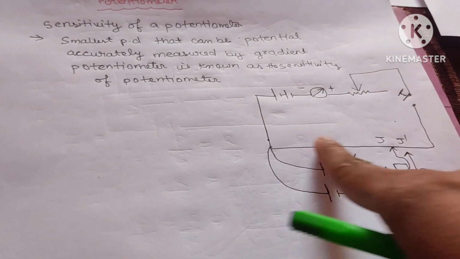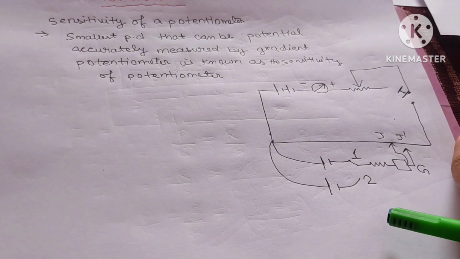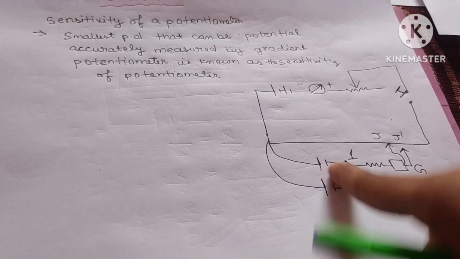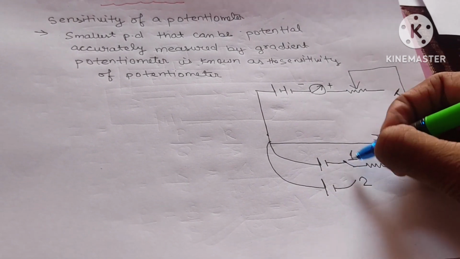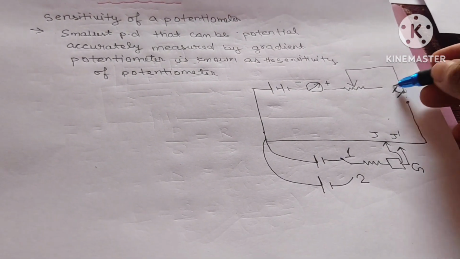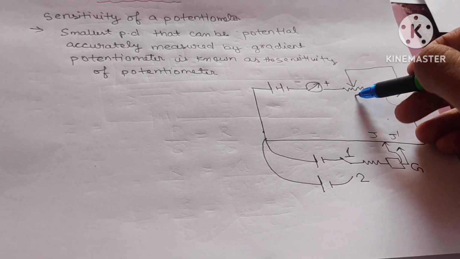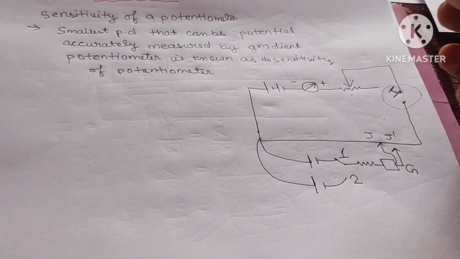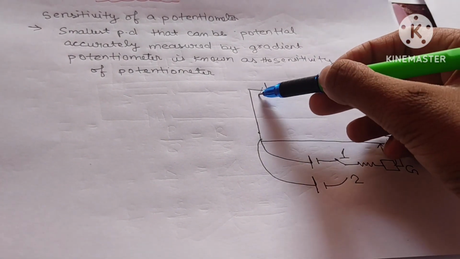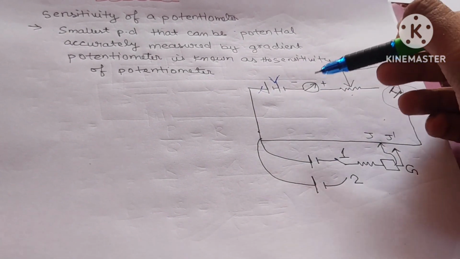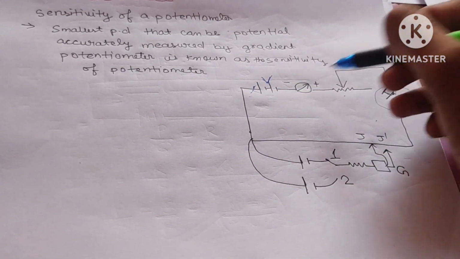So here we go. This is our image. This is the first, this is the second connection through the switch. Here is the switch, and this is a jockey, which gives the direction through the galvanometer. This is also another key. This is the resistance, and this is the ammeter, and here we have the potential difference V, and here I is passing through.